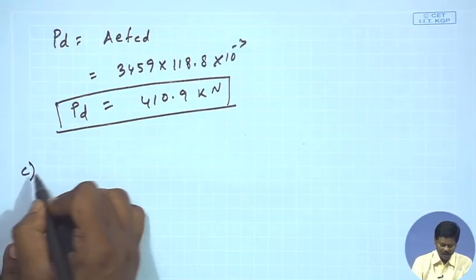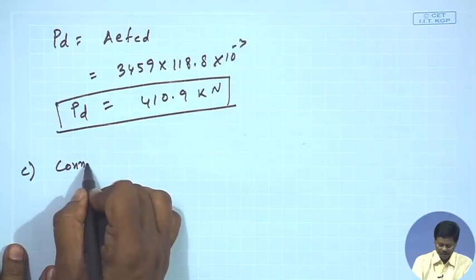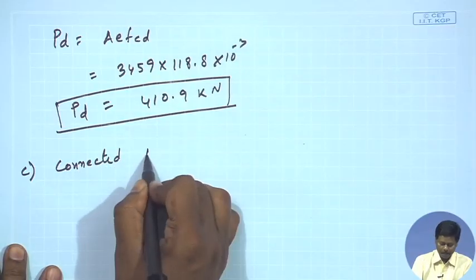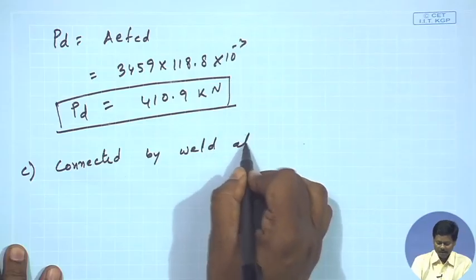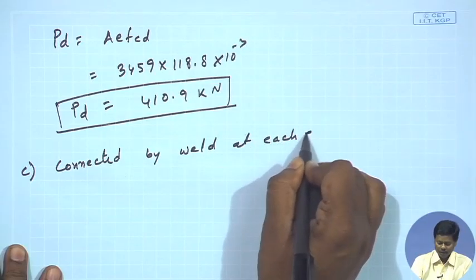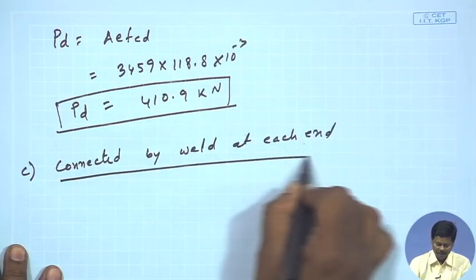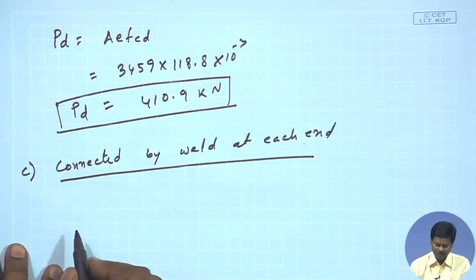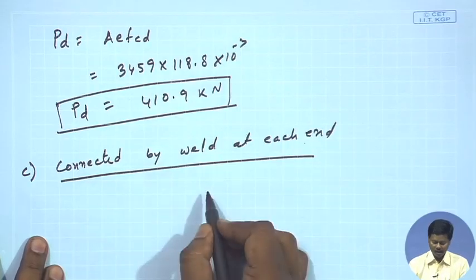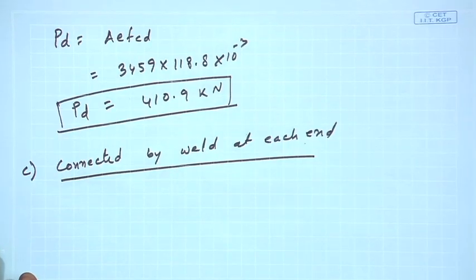Now, coming to third case, when it is connected by weld at each end. So, for this case what we can consider, that this will be similar to the earlier case. Earlier case means when the angle is connected by two bolts in both the ends.